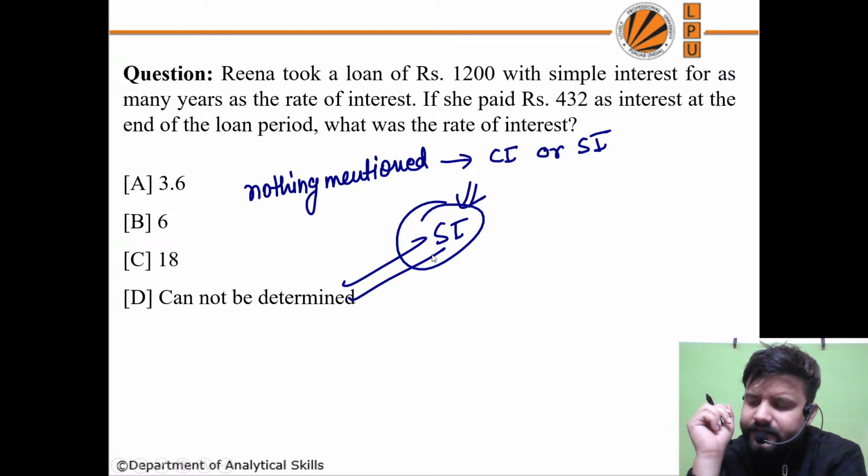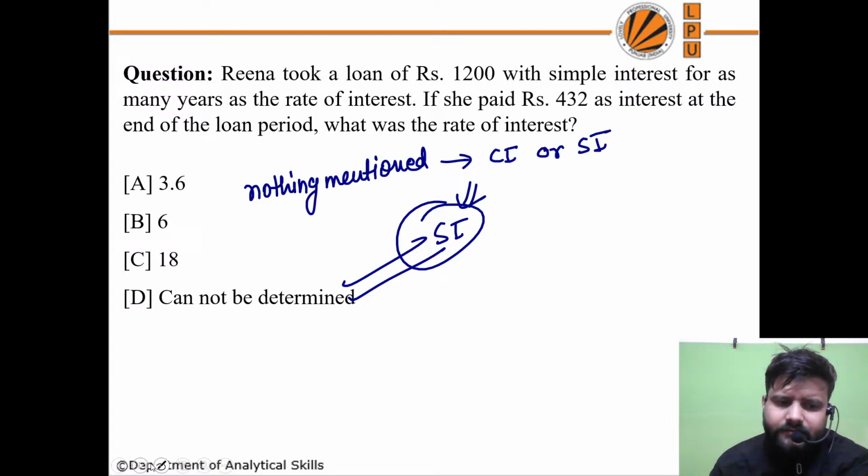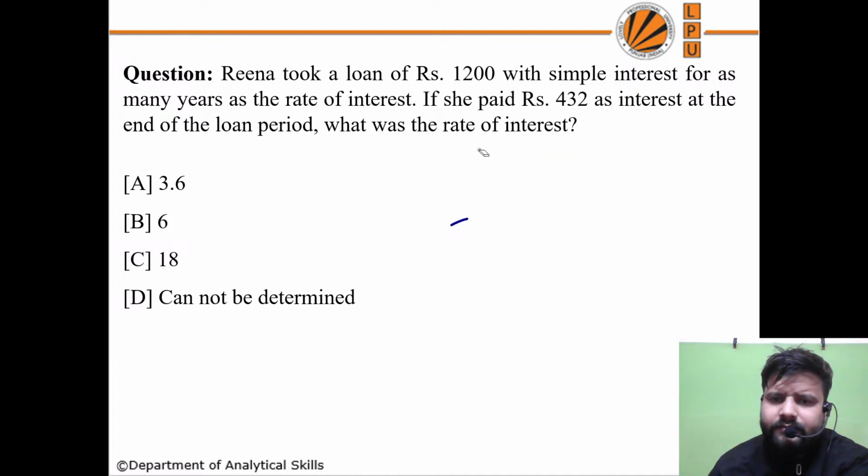Aman answering 6. Okay, let's see here. The question says Reena took a loan of 1200.